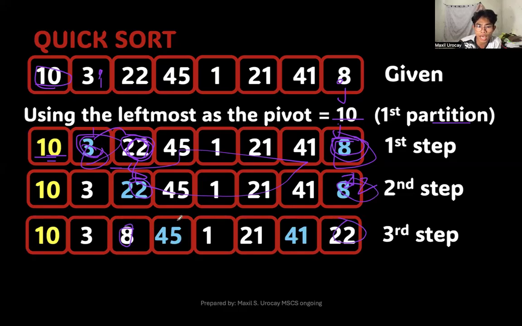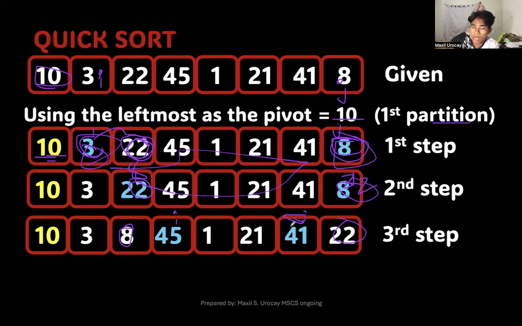Your new I right now is 45, since you have to increment. I is 45, and 45 is a greater value than 10, so we need to check something that we can interchange to the right side. 41 is greater than the value of 10, so we cannot change that one, just leave as is.